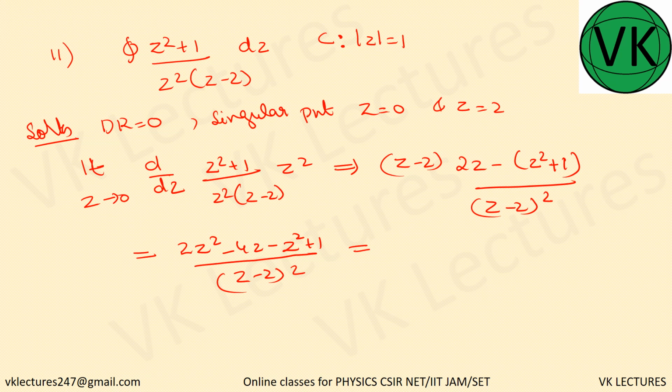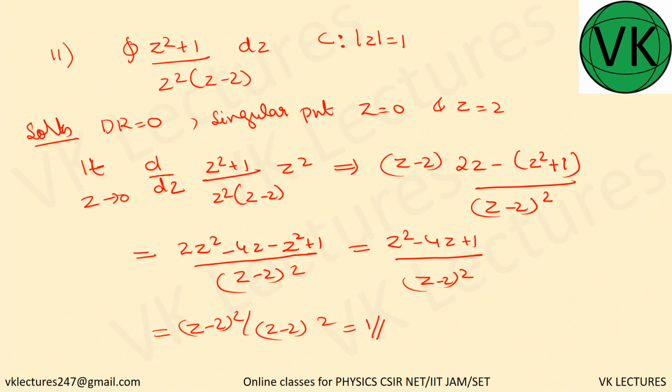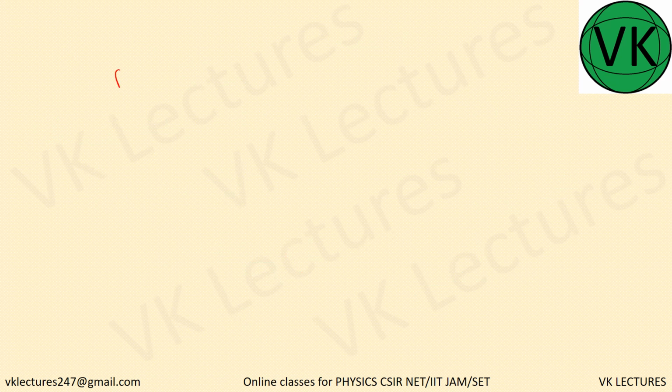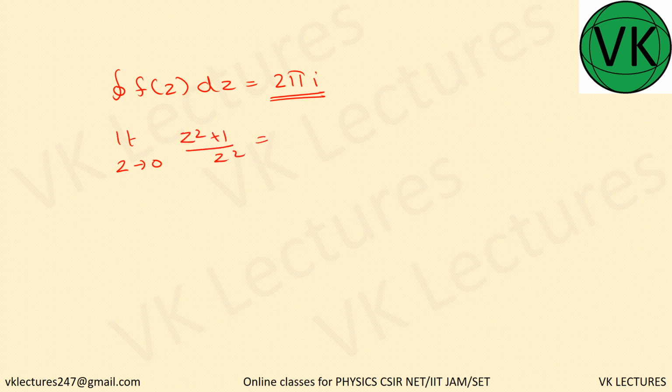So this is equal to (z square minus 4z plus 1) divided by (z minus 2) whole square. So the closed integral of f(z) dz is equal to 2 pi i times the derivative value, and the limit as z tends to 0 of (z square plus 1) divided by z square is equal to 0.